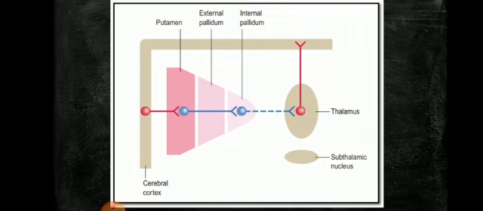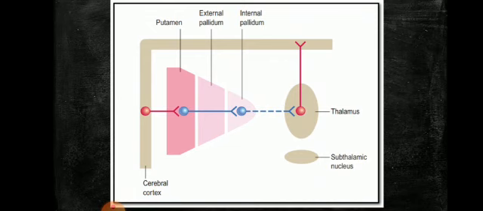You can see in the direct pathway, the glutamatergic neurons which arise from the cerebral cortex end on the putamen, and you called it the corticostriatal pathway, which released glutamate.